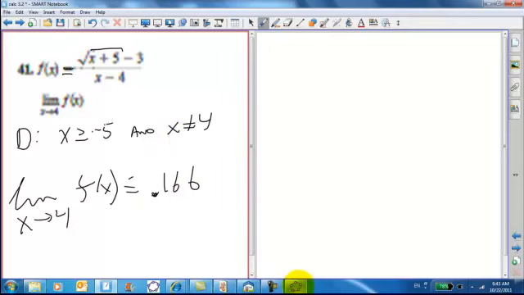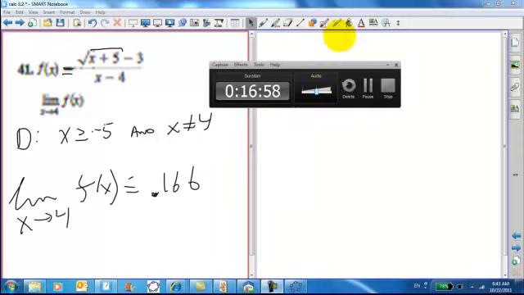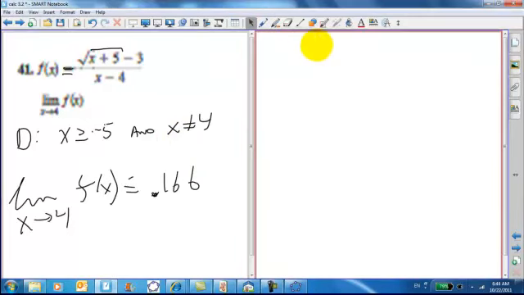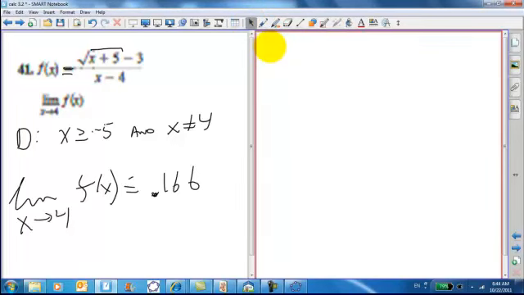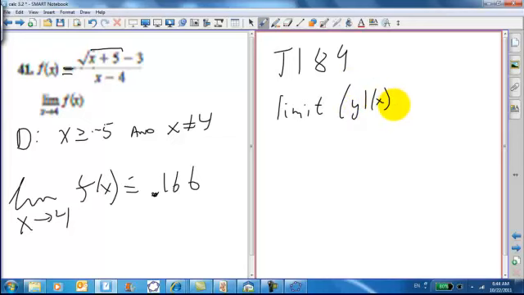So get out your 89s and see what the TI-89 says. Okay, here's where I typed in my TI-89 a limit, in the F3 calc menu of the home screen, of y1 of x, x comma 4.